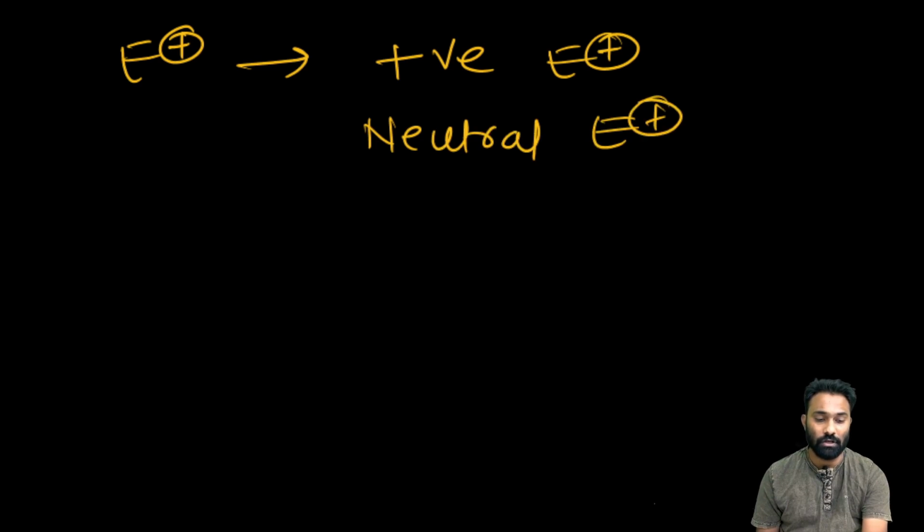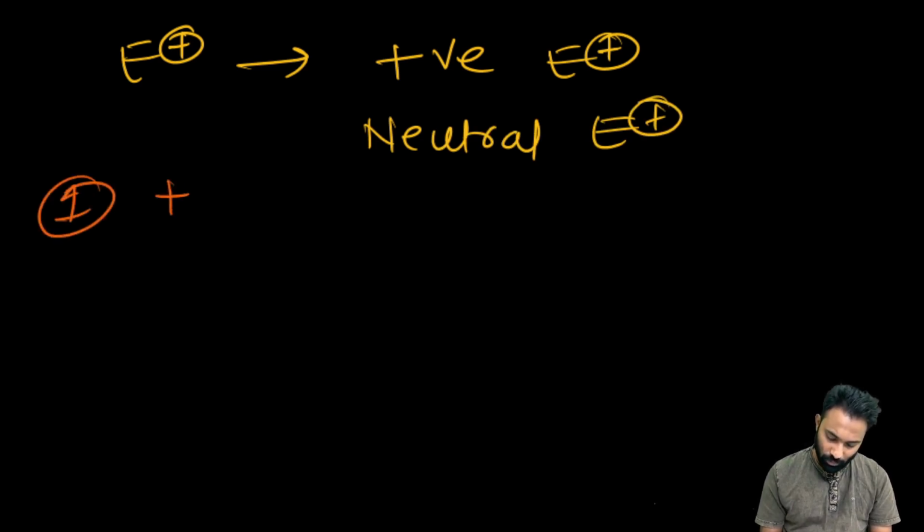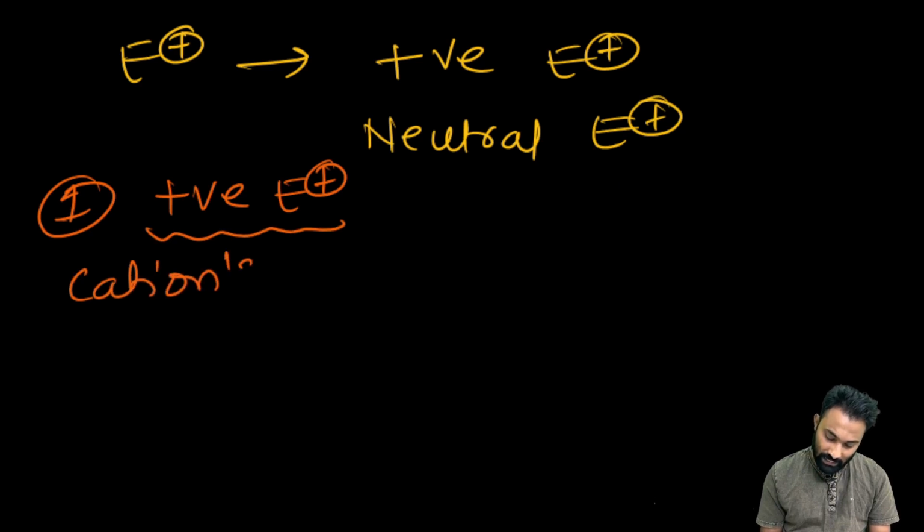Now what are the positive electrophiles? Positive electrophiles are cations with electron deficiency, or octet incomplete.